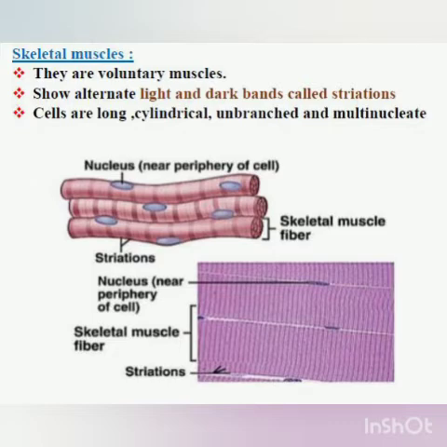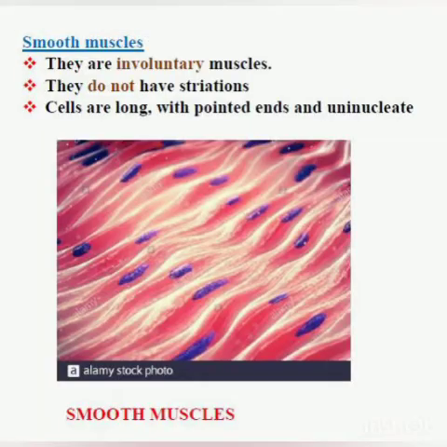Then there is another muscle, which is called smooth muscle. Smooth muscles are involuntary muscles. Children, these smooth muscles are present in the alimentary canal, like the movement of the food in the alimentary canal, or the contraction and relaxation of the blood vessels, which are involuntary movements.